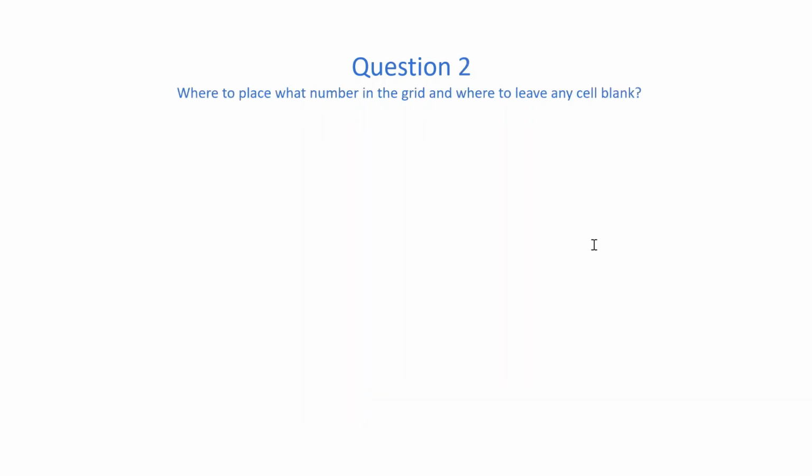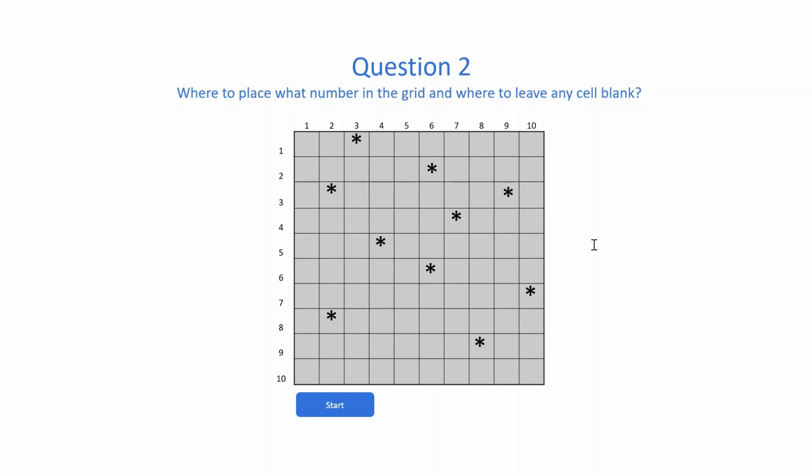And now the question 2, where to place what number in the grid and where to leave any cell blank. So we know we have a grid with 10 random bombs. So we'll start with the first cell and traverse through the whole grid using nested loops. For each cell, we'll count the number of bombs surrounding that cell using the offset function.